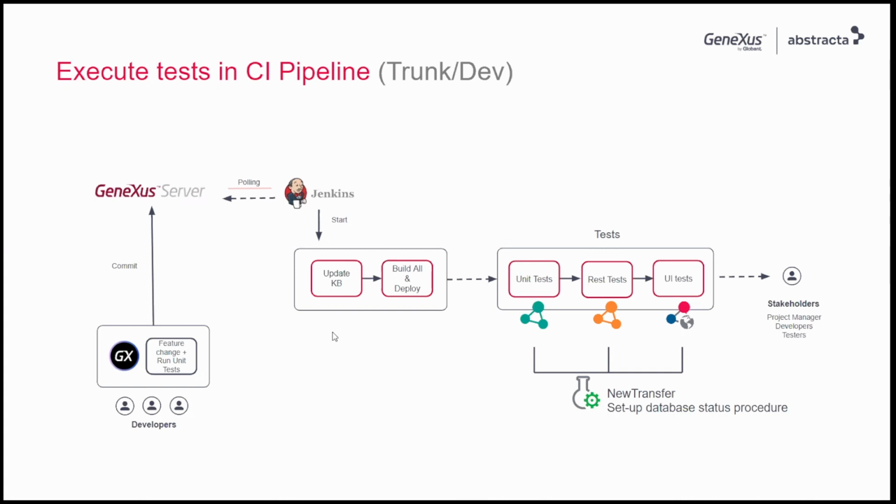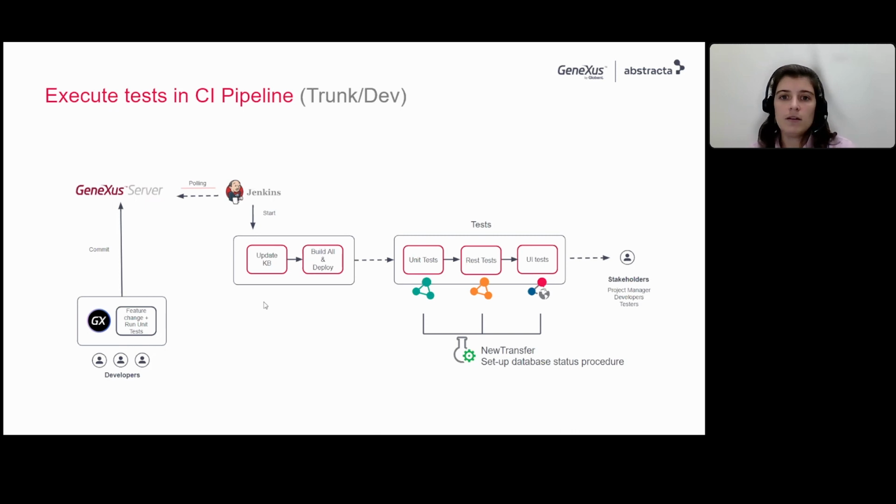Having a Jenkins that will automate these steps, and it will have the tests that will be executing on the integration server, that's going to allow you to have early feedback on the health status of our application, which is after build and after deploy.